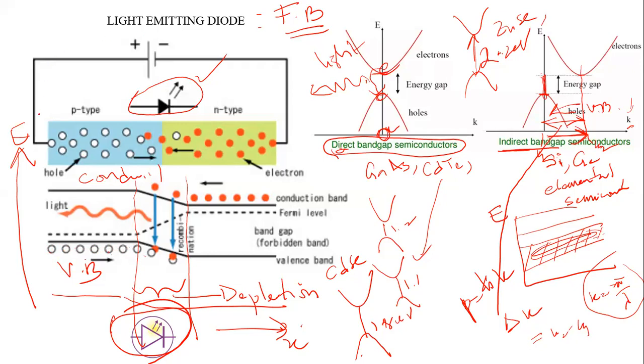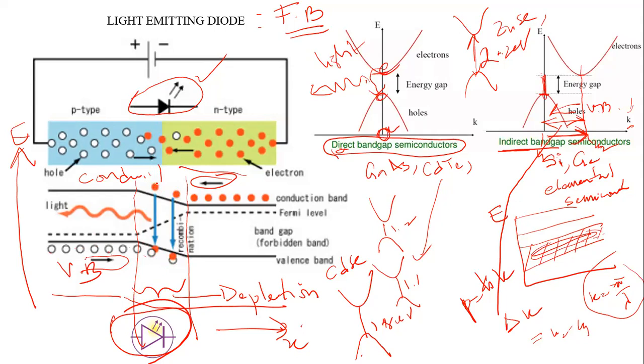So when you connect this diode under forward bias here, electrons from the N side will be injected towards the junction. Holes from the P side will be injected towards the junction. So when electrons and holes arrive in the junction, free electrons which are in the conduction band will find an empty valence band, which is called a vacancy or hole.